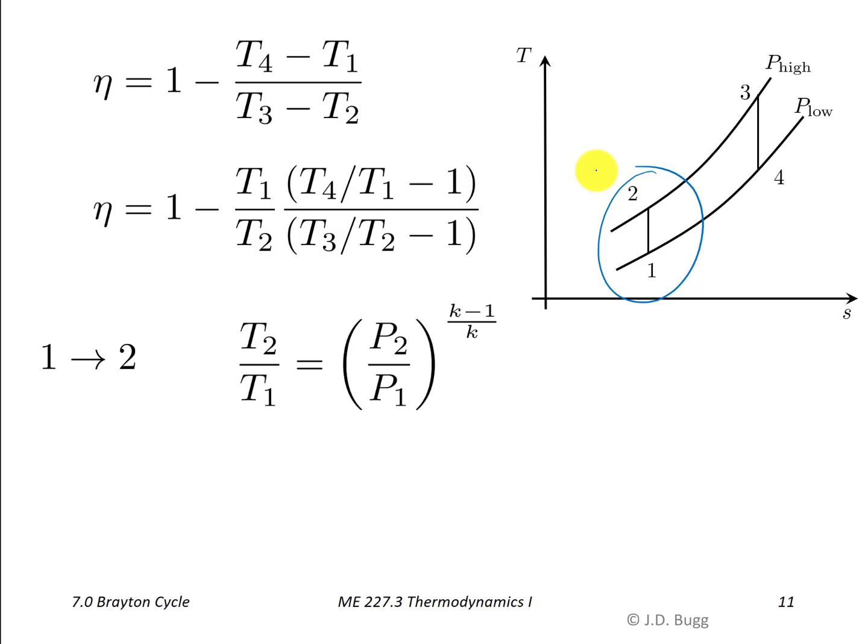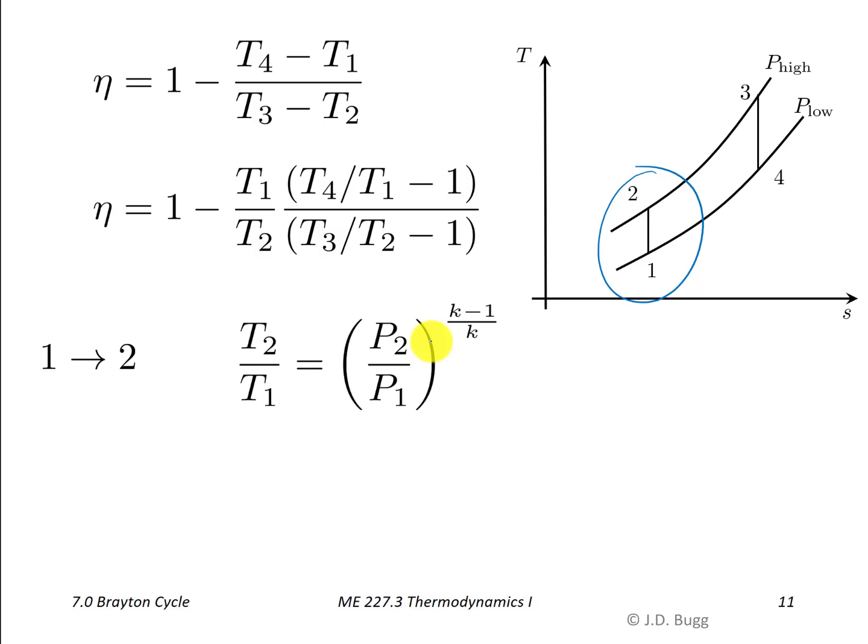Now we also know that we can get rid of the V's in that expression and write them as P's instead, and that gives us this equation that we've used many times, that the temperature ratio is equal to the pressure ratio to the power K minus 1 over K. So these temperature ratios we can write in terms of pressure, and that's what we're going to do.